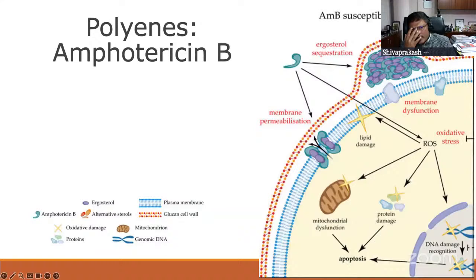So coming to the polyenes. As I said, polyenes mainly act on ergosterol. They cause an effect on cell membrane permeability.